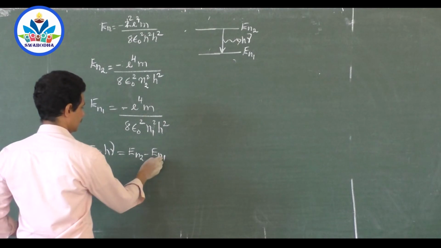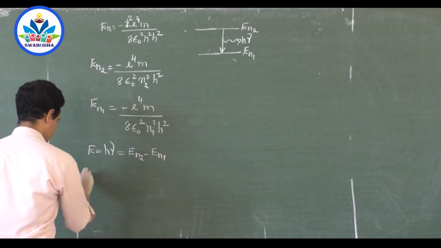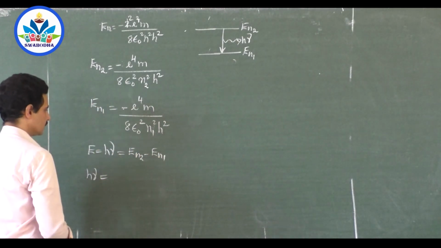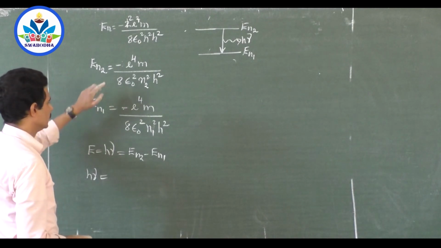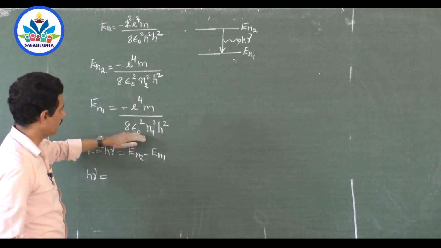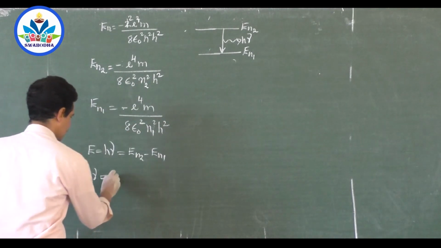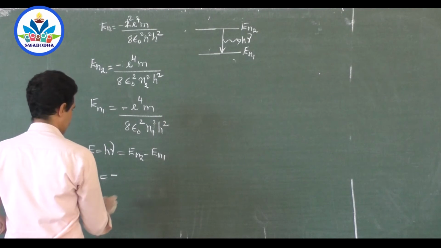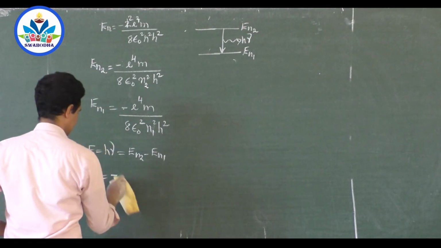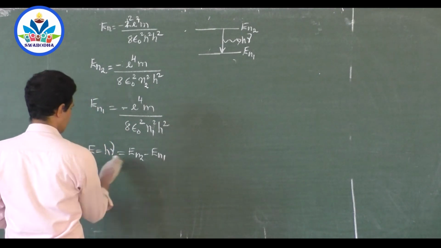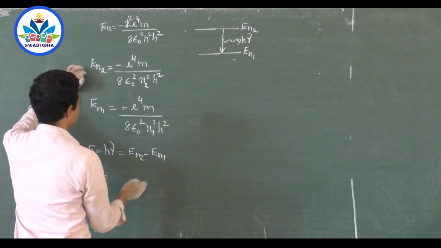So En2 minus En1. So h nu is equal to, what is En2? Everything we have is the same quantities here except n1 square and n2 square, right? So shall I write everything with the minus, or I will write like this: En2 minus En1. So this is first, right?